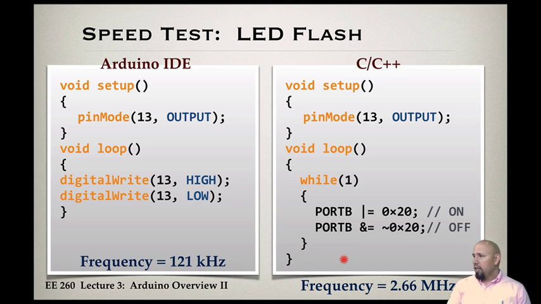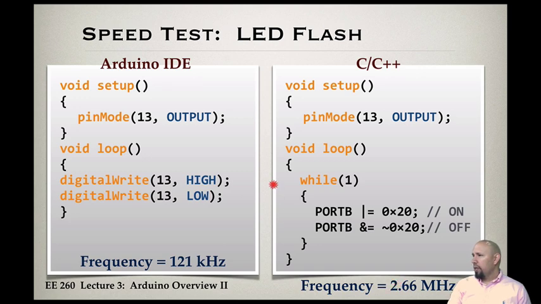Over here, when we work with this function, this gives us a frequency of 2.66 megahertz. So that's quite a bit faster than this. It's more than 10 times faster, probably about 20 times faster.